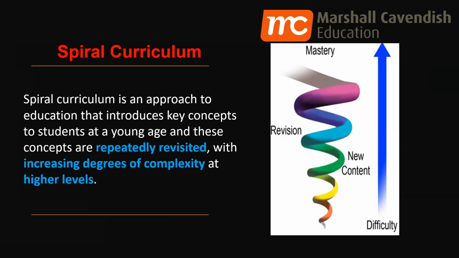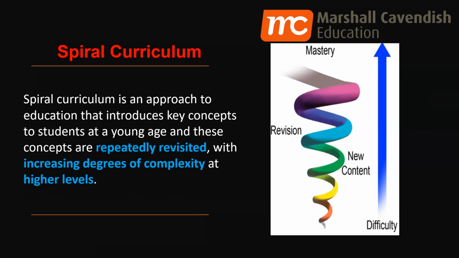Now, Bruner believes that learning takes place first of all in stages, and not only that, Bruner says that key concepts are introduced to students at a young age, and these concepts are repeatedly revisited with increasing degrees of complexity as they grow into the primary school years.